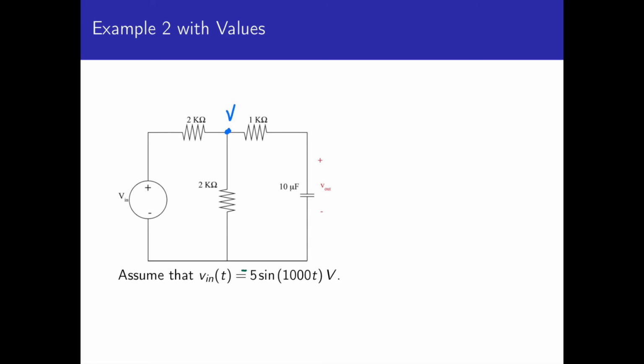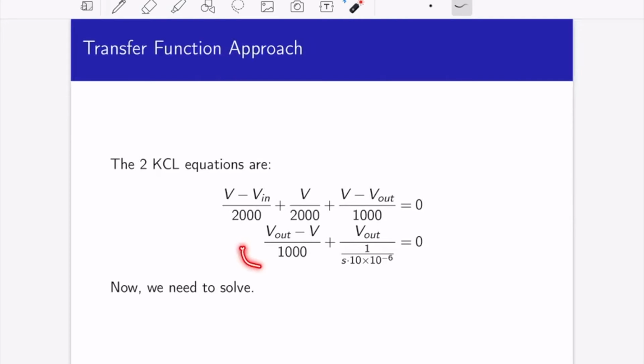The second equation will have V out minus V over 1000 plus V out minus 0 over 1 over SC, where C is 10 microfarads, and that gives us this equation. Be sure that you remember to write 1 over SC in the denominator. Sometimes people forget that.